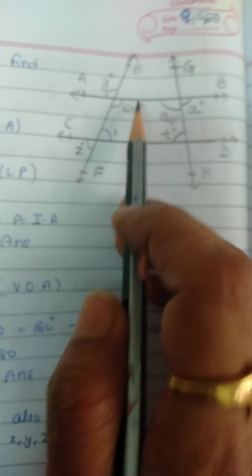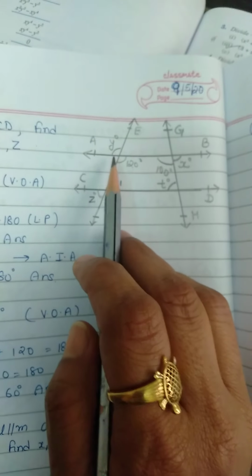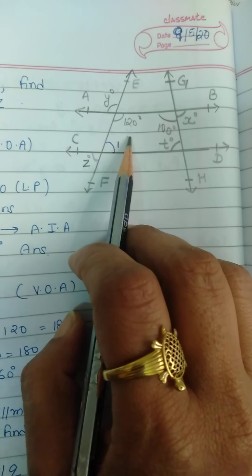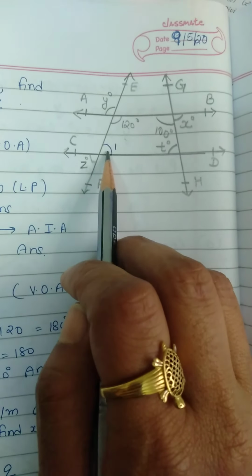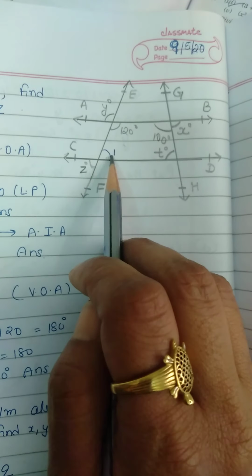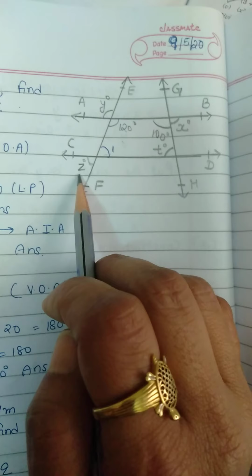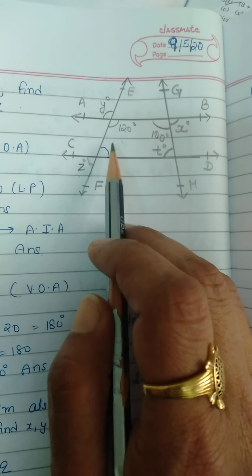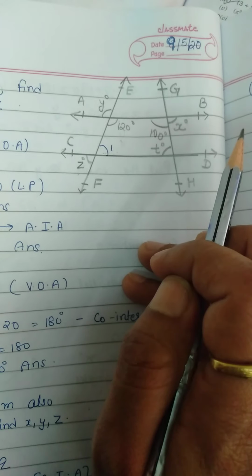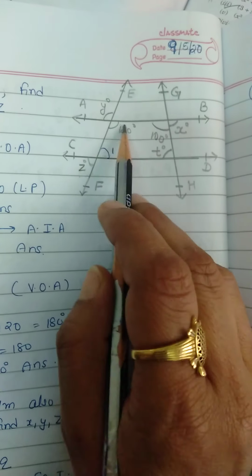Here just see that the value of y should be 120 degrees. Find the vertically opposite angle. You can assume an angle 1 vertically opposite to z. That is 1. It means 1 is also z. Fine. So z plus 120 is equal to 180 degrees. Fine. It means these are co-interior angles.